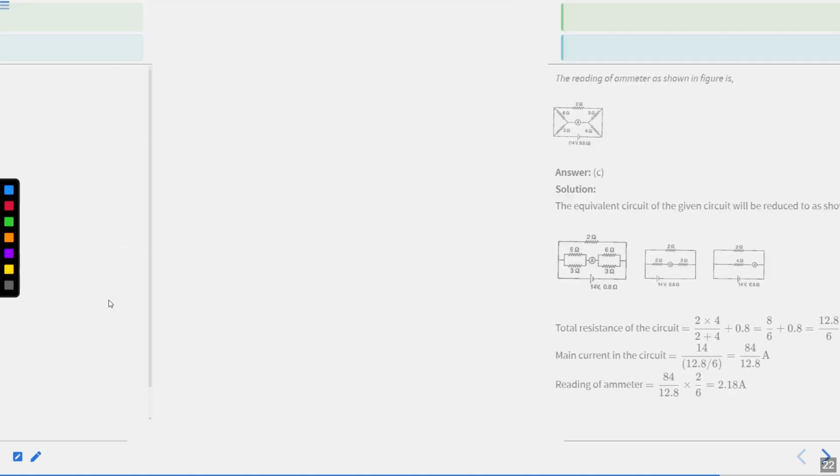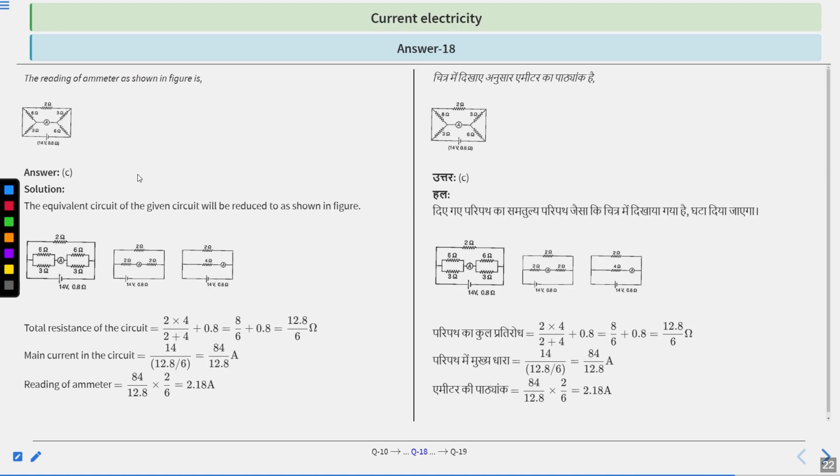Let's find the solution. So this is the circuit. The equivalent circuit of the given circuit will be reduced as shown in the figure. So here this 6 ohm and this 3 ohm are connected in parallel, so the equivalent resistance is 2 ohm.